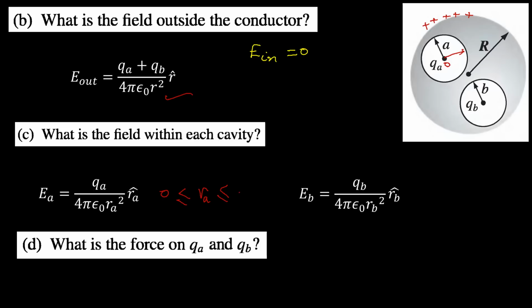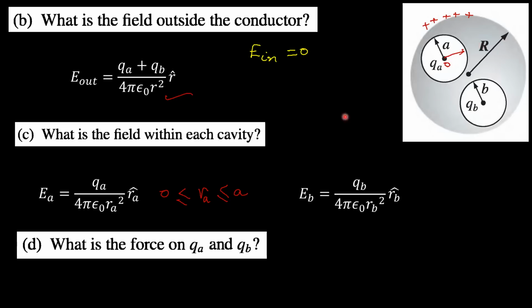Between this limit, the electric field is Qa divided by 4 pi epsilon naught r_a squared, r_a hat. The field cannot escape from the cavity.